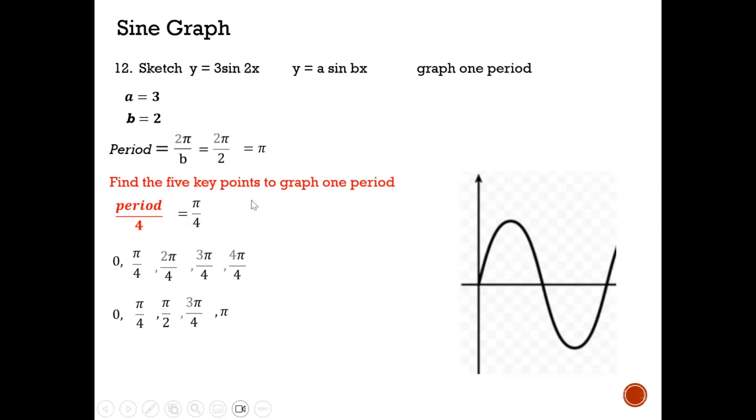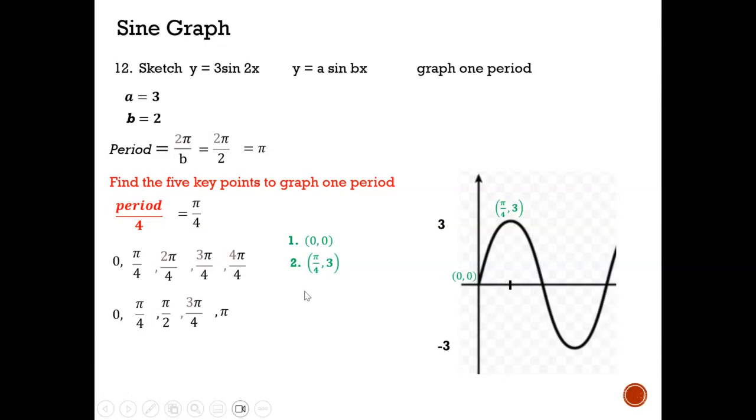As I did in the PowerPoint last week, I believe week 2 was on graphing. We know that the sine starts at 0. But this is my amplitude, which is 3 and negative 3. The first one will be 0, 0 because the sine always starts at 0. This is going to be pi over 4, 3.